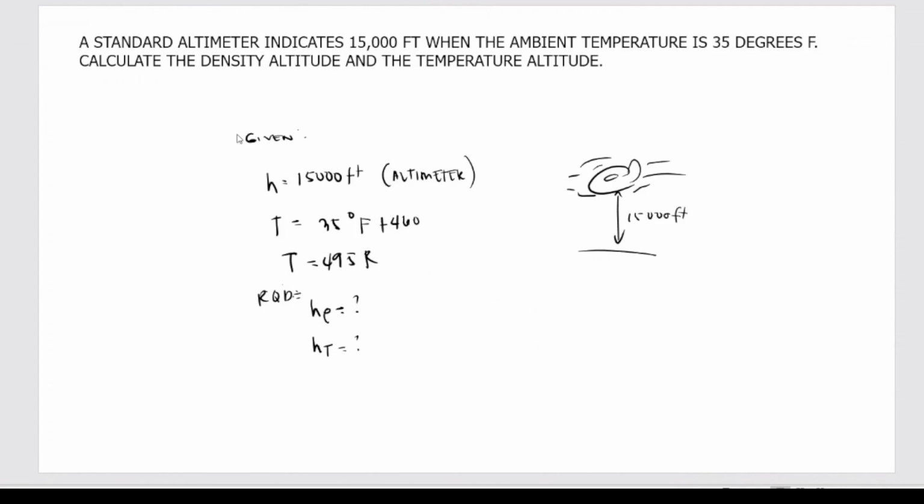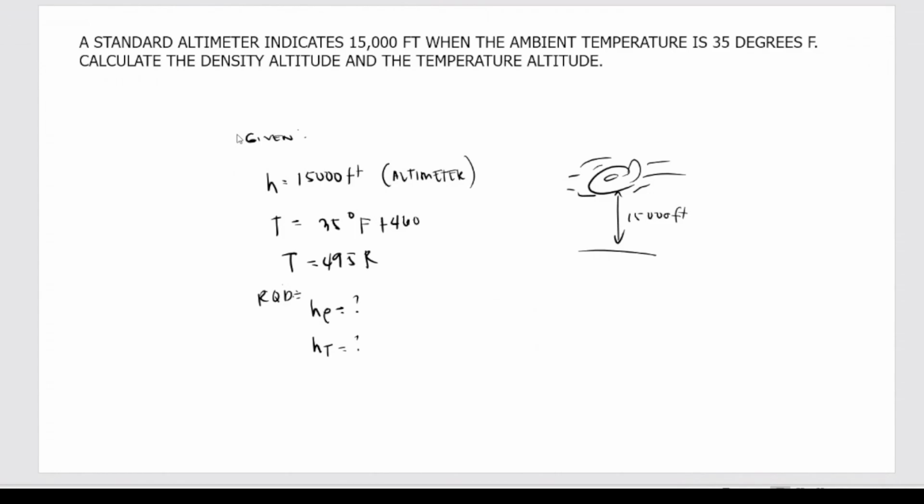So, paano mo kukunin yan? Pag sinabi kasi na pressure altitude, density altitude, by modules, it is the indicated altitude on the altimeter para sa pressure. Sa density naman, it is defined as pressure altitude corrected for non-standard temperature variation, and temperature altitude is the altitude corresponding to a temperature reading.